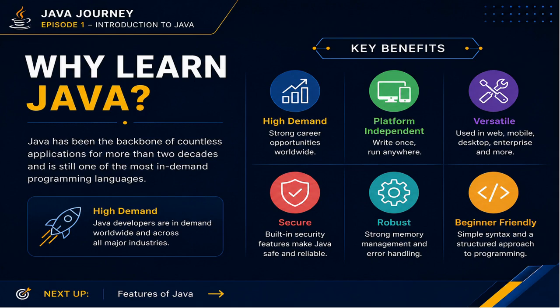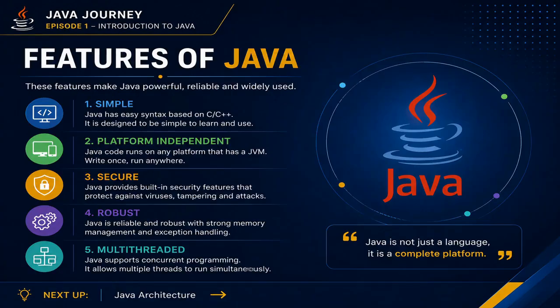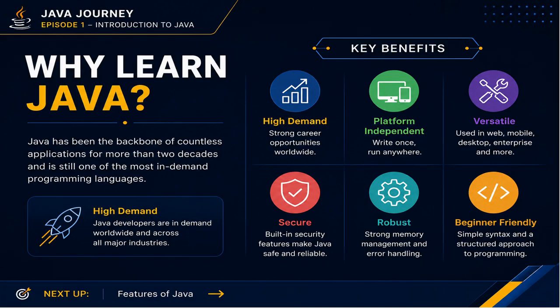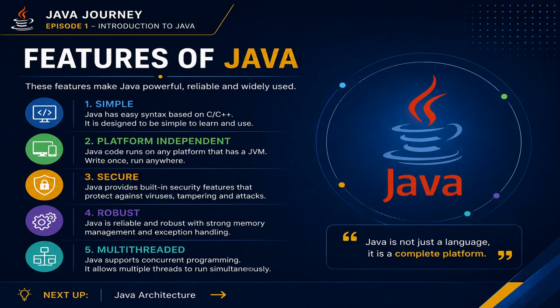And finally, Java has huge job opportunities. Many software companies still hire Java developers for backend and enterprise development. A language surviving this long in the software industry is not accidental. So, now let's understand something very important: how Java works internally.